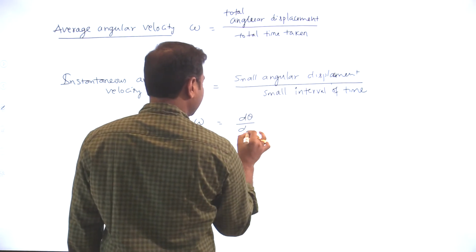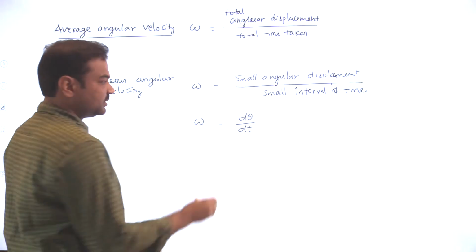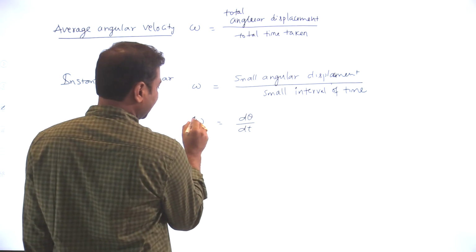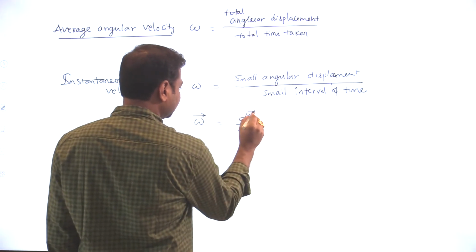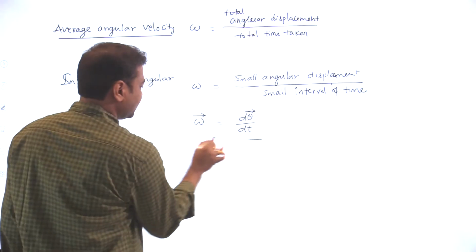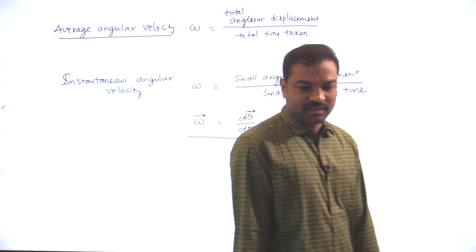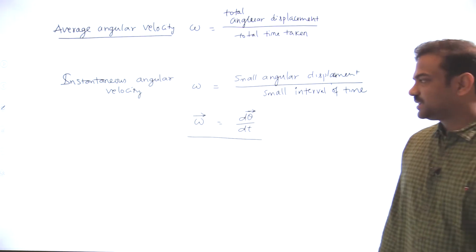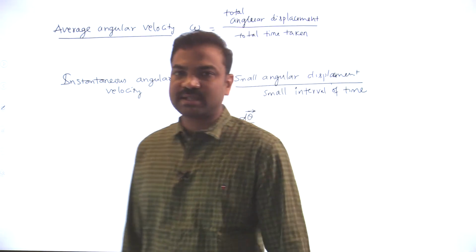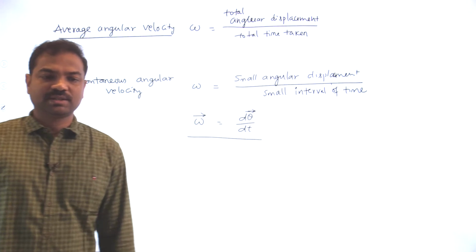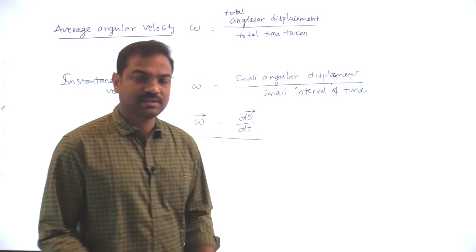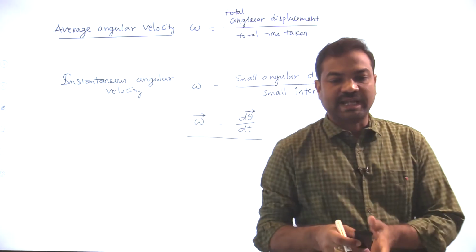d theta by dt. As this is a vector quantity, I am writing angular velocity as a vector now, omega bar. So instantaneous angular displacement or instantaneous angular velocity we can take as a vector quantity, but not average.